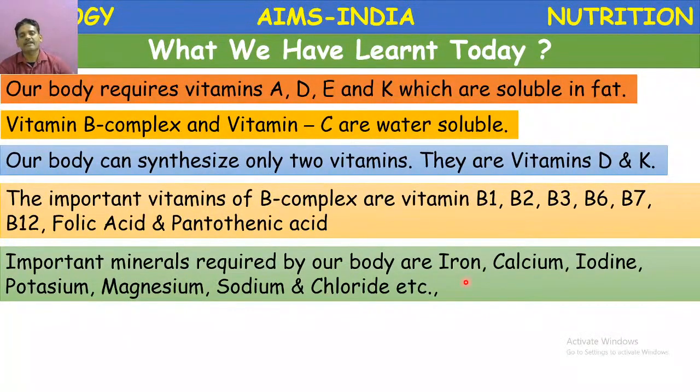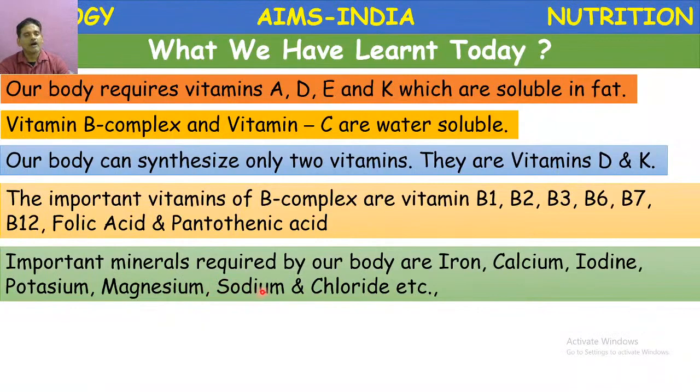These minerals may act as cofactors for the activity of enzymes. Iron deficiency causes anemia. Calcium deficiency causes rickets and osteoporosis. Iodine deficiency causes goiter.